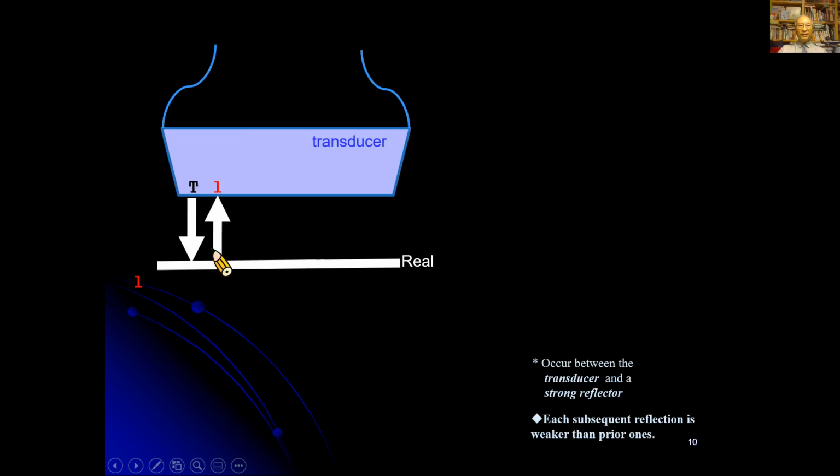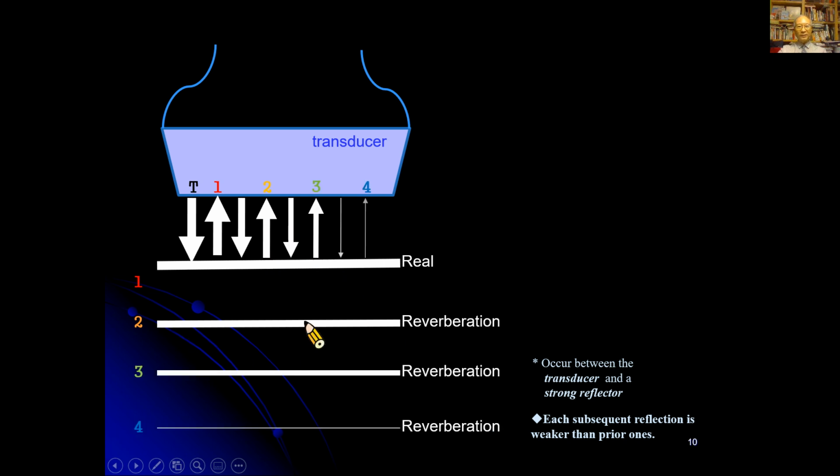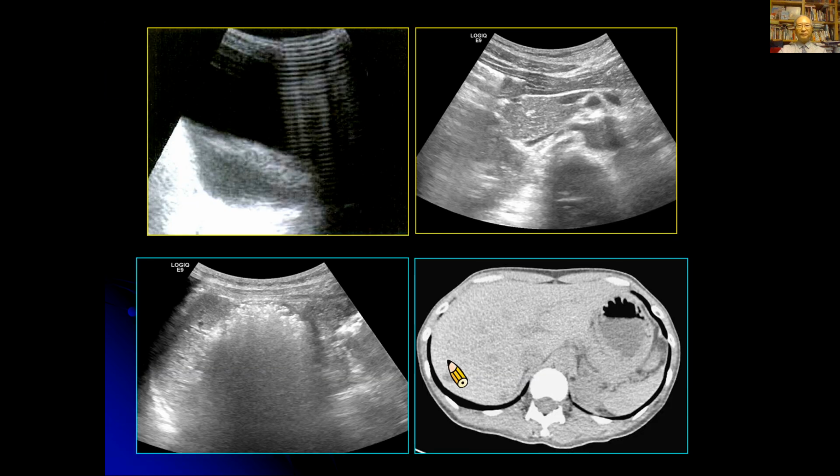So here is a typical example by schematic representation. There's a real lung because it's reflected back to the transducer, but the transducer is also a strong reflector, so it bounces back again and again, so the second, the third, the fourth, and each subsequent reflection is weaker than the prior one.